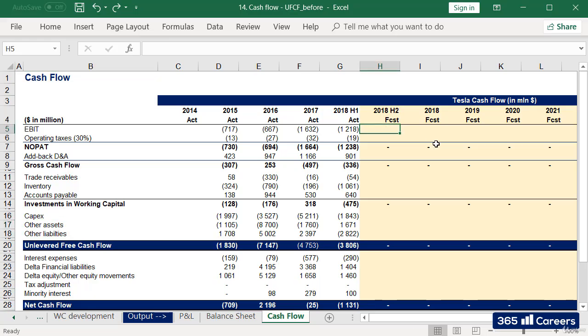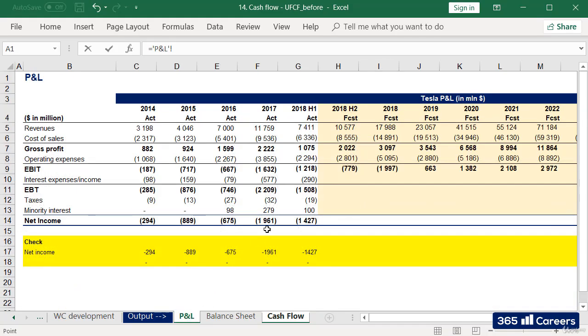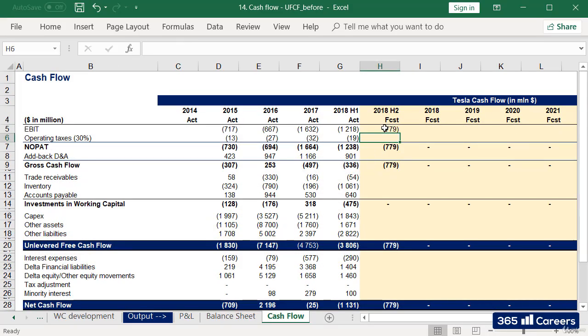Very well. Let's link the inputs we already have to their sources. I will be able to find EBIT in the P&L output sheet, so that's where I will go and look for it. Then I will multiply this figure by the statutory tax rate in the driver's sheet to obtain operating taxes.